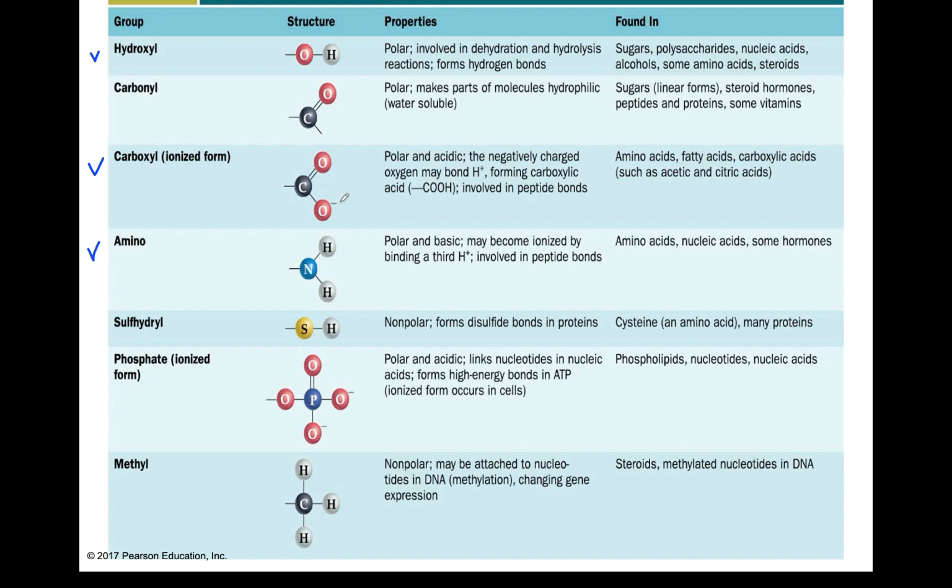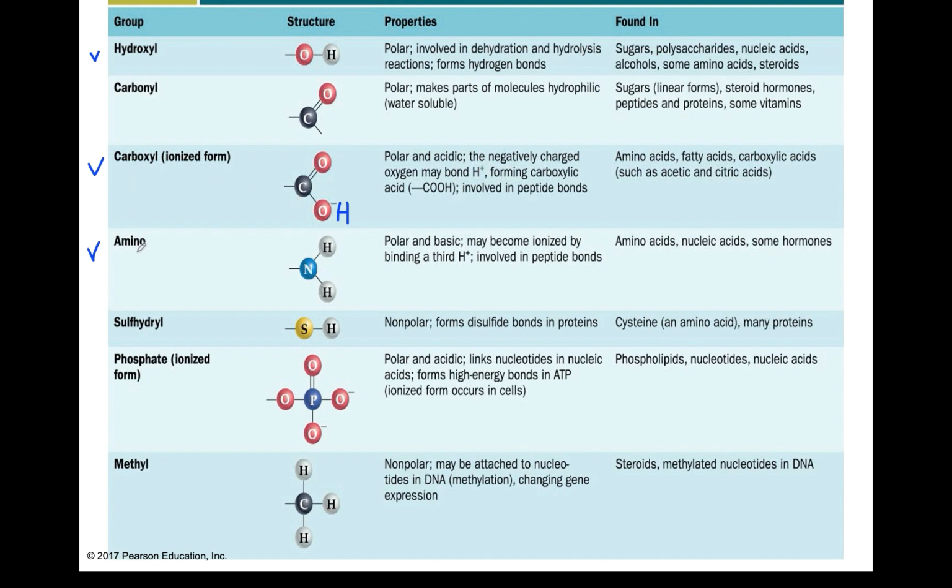Actually, here is COOH that indicates the carboxyl group, but this is the ionized form. This carboxyl group contributes hydrogen to the solution. Therefore, this table shows the ionized form of the carboxyl group.